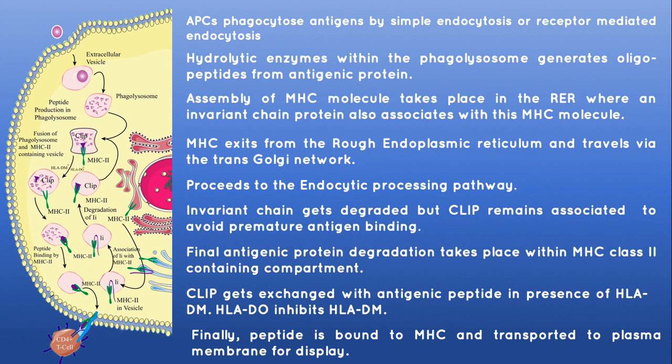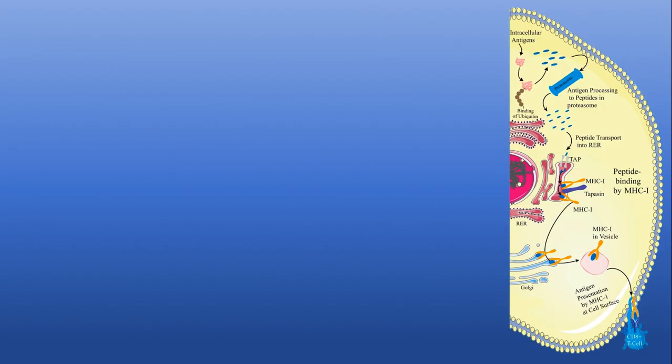We'll now proceed to understand the endogenous pathway by which cytotoxic T cells are presented with antigen. Inside a eukaryotic cell, proteins are carefully regulated and are degraded to their constituent amino acids and recycled. However, some persist in the cytosol as peptides.